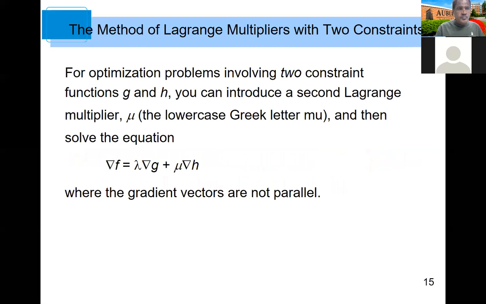Now, what if we have two constraints? We may require the vertices to be on the ellipse as well as something else, okay? So usually, in real world problems, we do not have just one constraint. As a matter of fact, we will have several constraints.